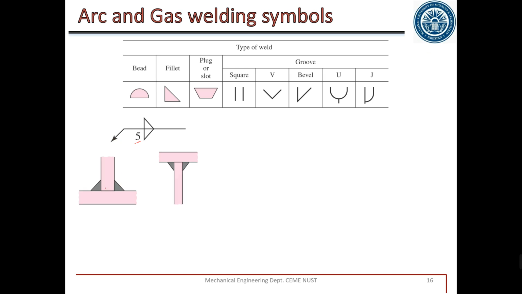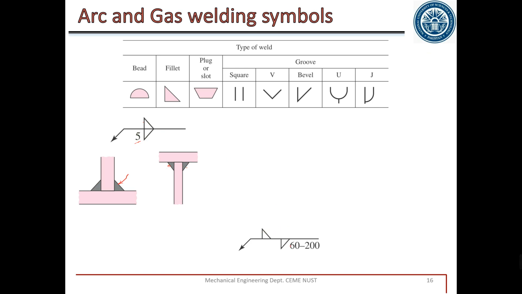Because this triangle is on both sides, it means that if the arrow is pointing towards this end, on the other side we have the same weld. Similarly, if the arrow is pointing towards this end, on the other side we have exactly the same weld.